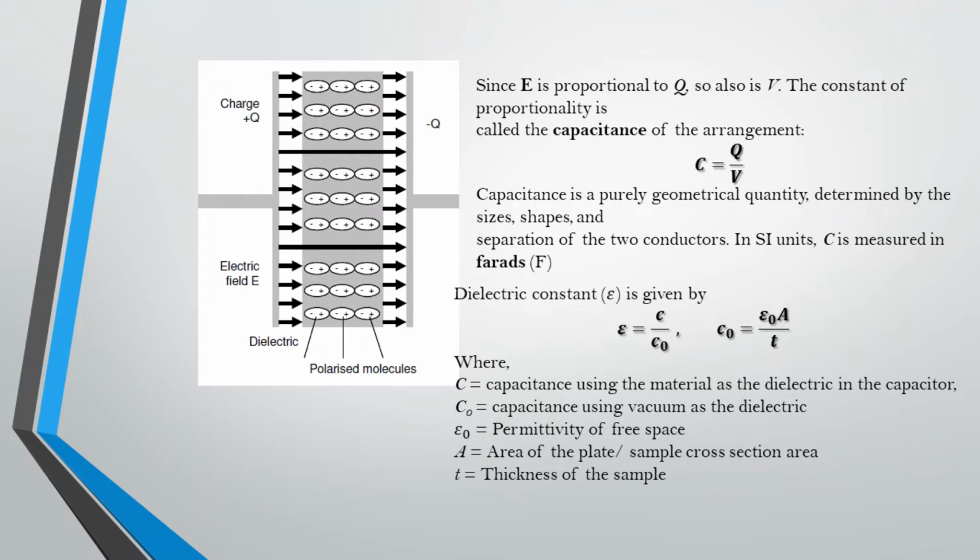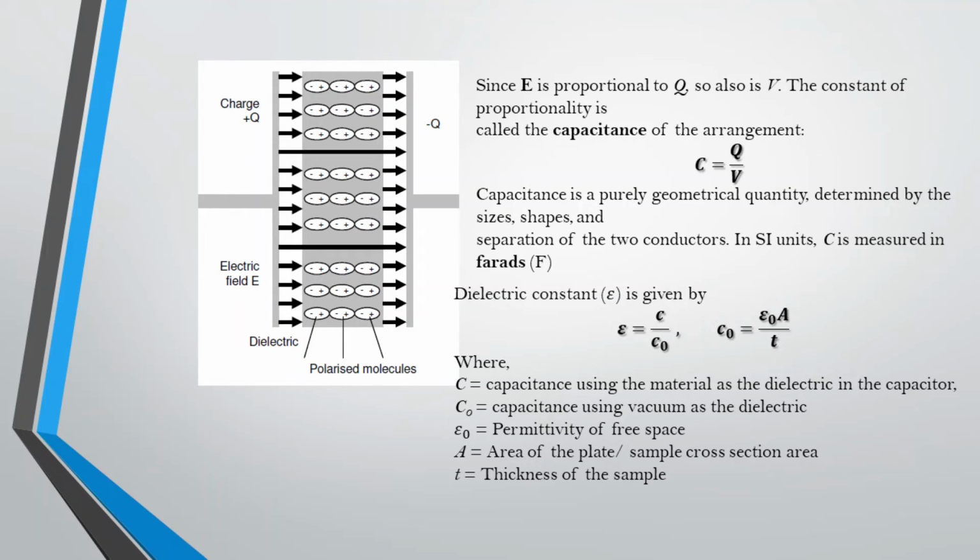What is C? C is the capacitance of the material used as the dielectric between the two conducting probes, and C0 is the capacitance of the same size and the same shape as the material, that is, the capacitance when vacuum is used as the dielectric in place of the material.